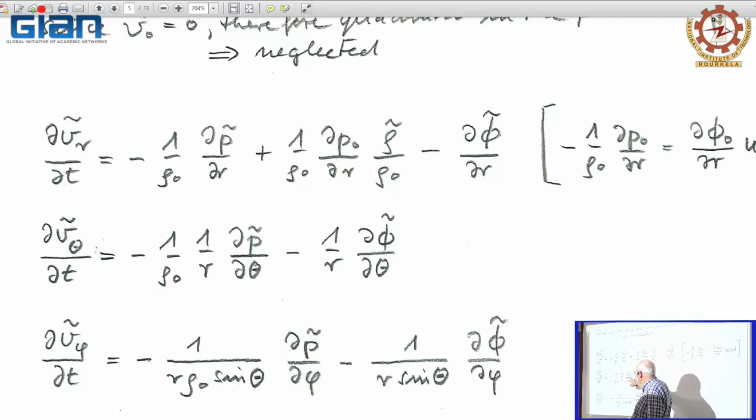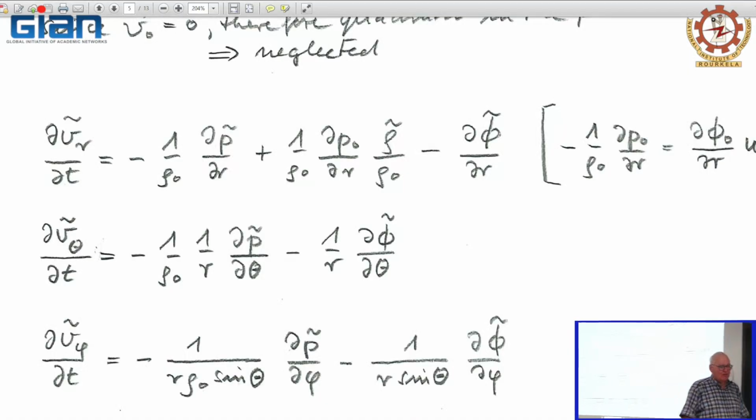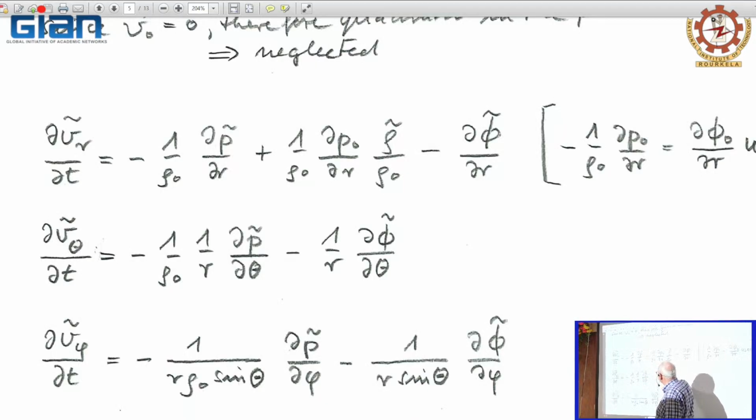Then we have, because there is no dependence of the pressure of the stationary model with respect to theta and phi, it's only the perturbation of the pressure with respect to theta and phi. So the term corresponding to that one would be cancelled, because dp naught by d phi and dp naught by d theta is 0. So we have the counterpart of this term with respect to theta and phi derivatives.